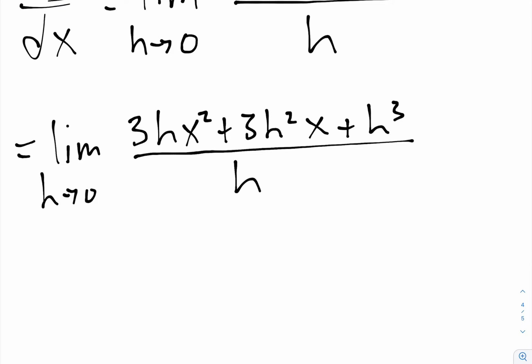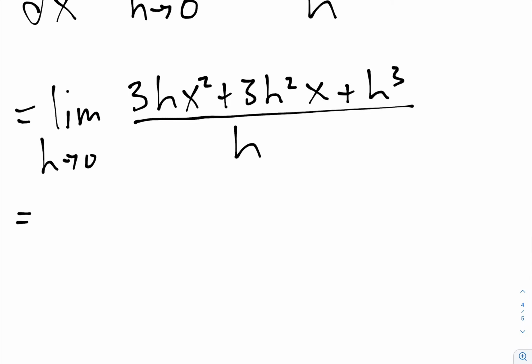Okay, so how can we simplify this? Well, notice how every single term on the top has an h in it, and we're dividing by h. So if there's an h on the top and the bottom, we can reduce the power of the h's on the top by 1 and just cross out this h on the bottom.